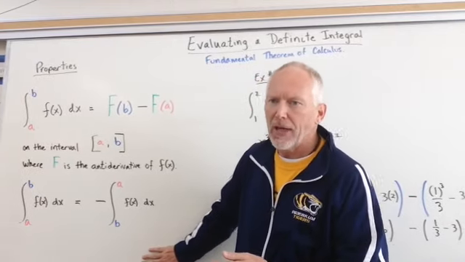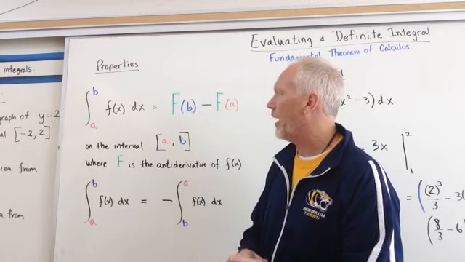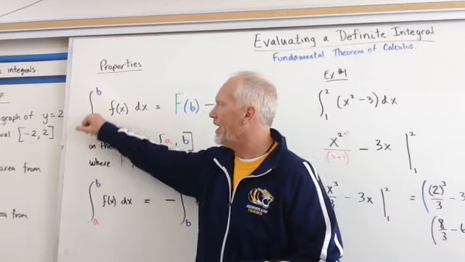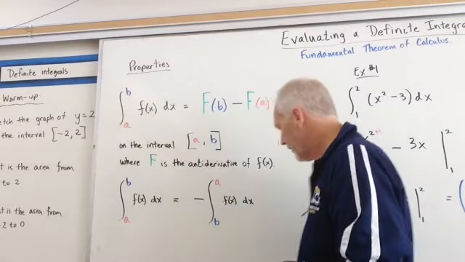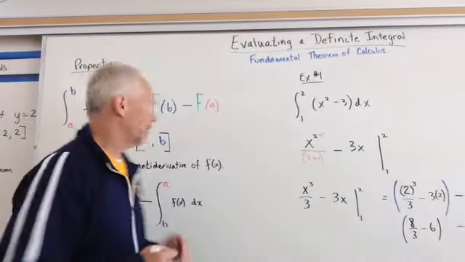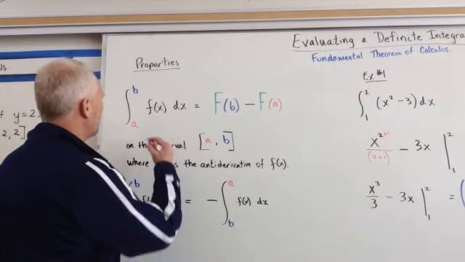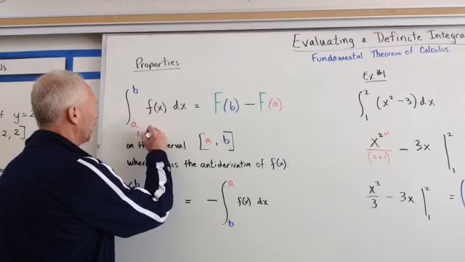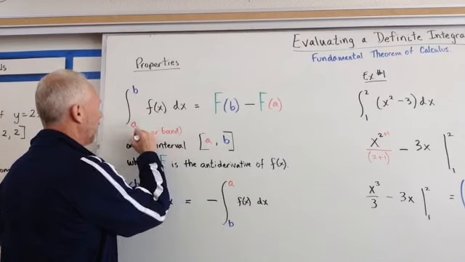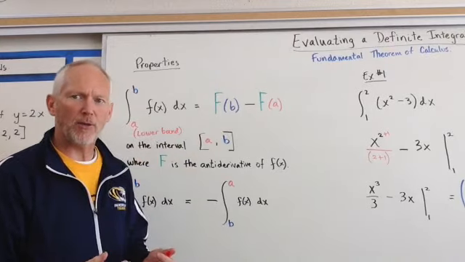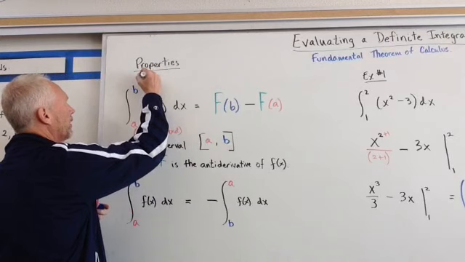So when we look at evaluating an integral, some of the properties we need to think about: we have an integrand and we are given a and b. Now, a is your lower bound, the low x value, all the way up to the upper bound.